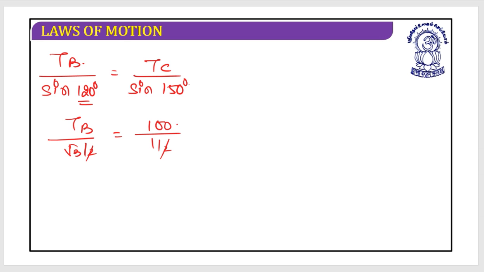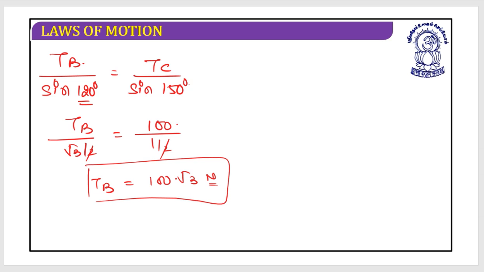The 2 can be cancelled, and root 3 times TB should be equal to 100. Sorry, TB equals 100 into root 3 Newton. I hope these things are clear.